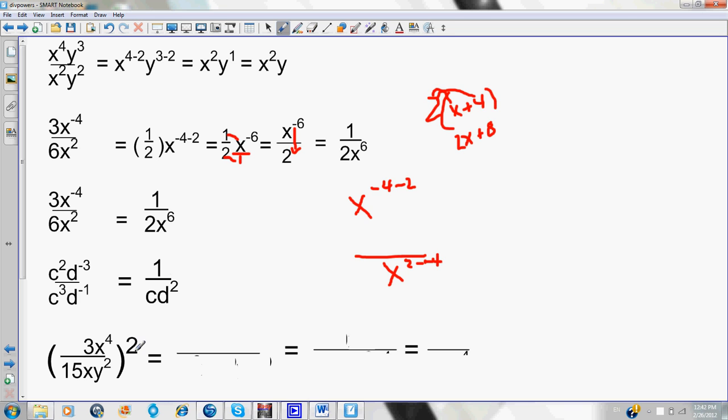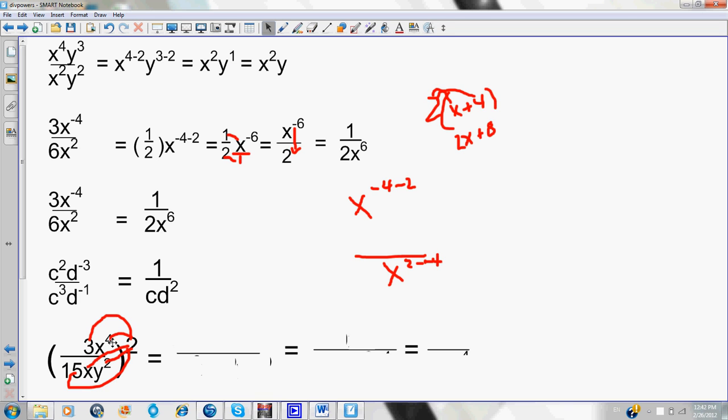Now, over here, that means that this exponent goes with the 3, it goes with the x to the 4, it goes with the 15, it goes with the x, and it goes with the y squared. You've got to put it with everything, okay?